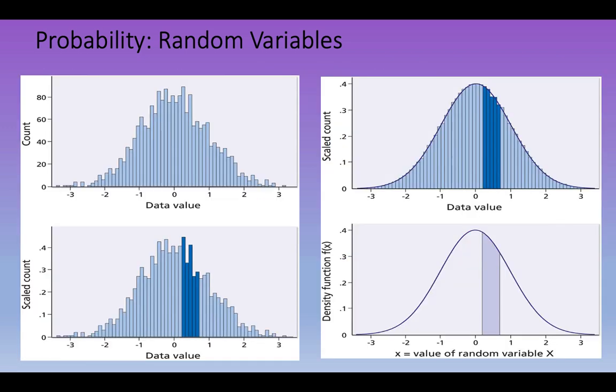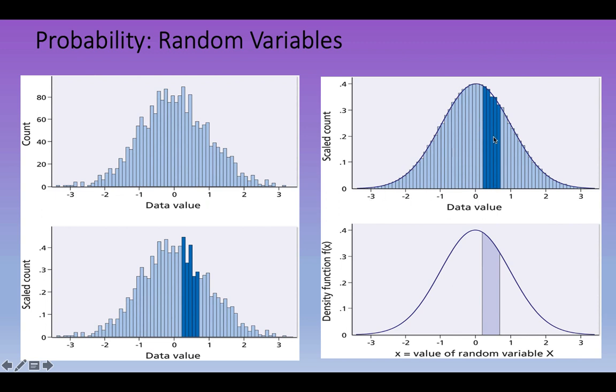And if we think about this from a data perspective, we might have some actual data that we would have collected. We can then scale our counts so that basically everything is on a 0 to 1 scale. And then we can fit our probability distribution to that. So now the entire space underneath this distribution should be equal to 1.